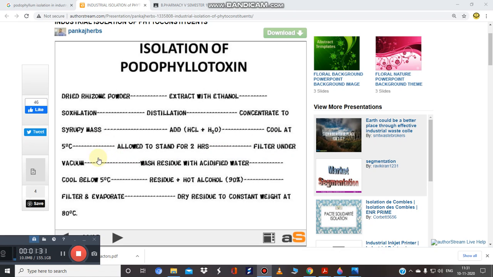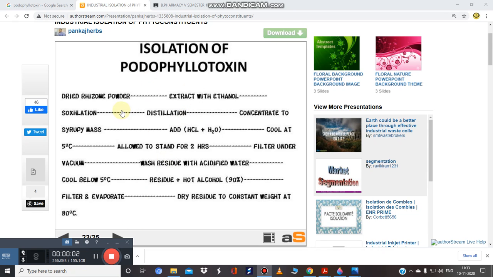Then you will again filter it under vacuum and wash the residue with acidified water. Then you will cool it and add 90% wood alcohol into it. And finally you will filter it, evaporate it, and lastly you will obtain a residue. And you will further purify it to obtain podophyllotoxin.